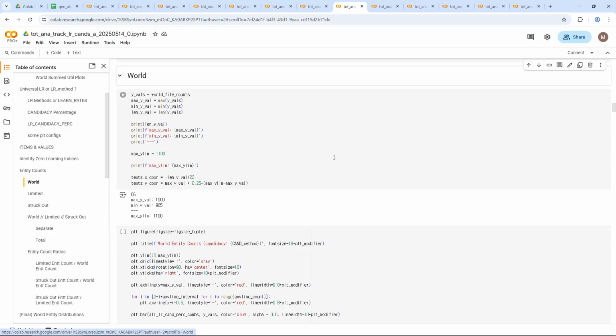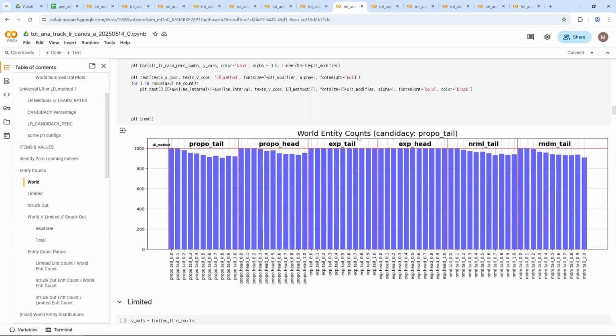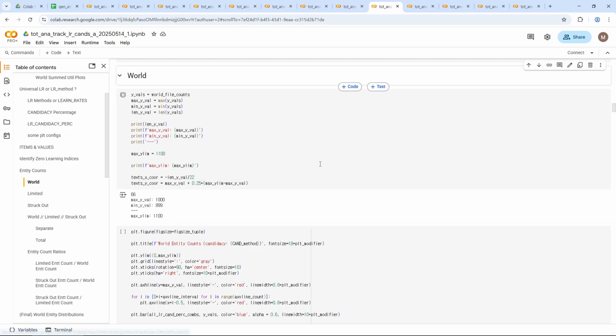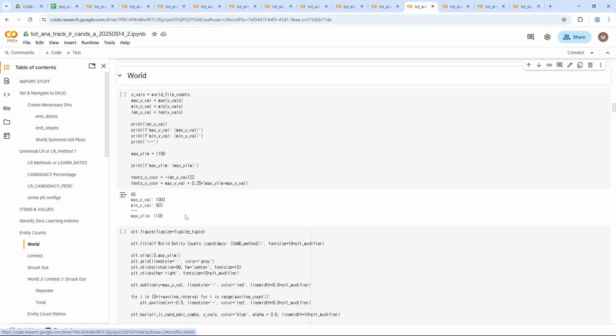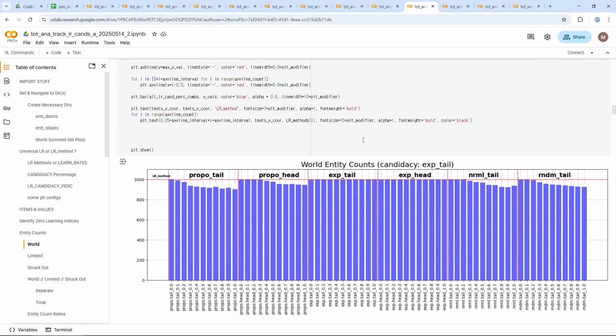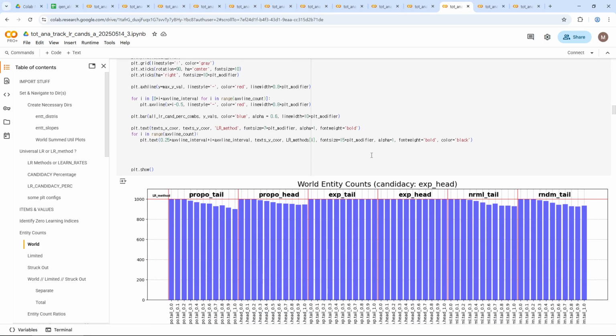So the entity counts. Okay, when we have a look at this, we can see. We'll try looking at this all together as many as possible at the same time.